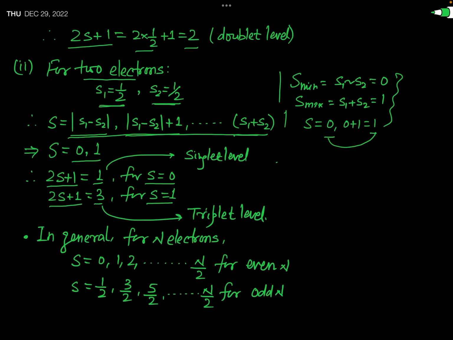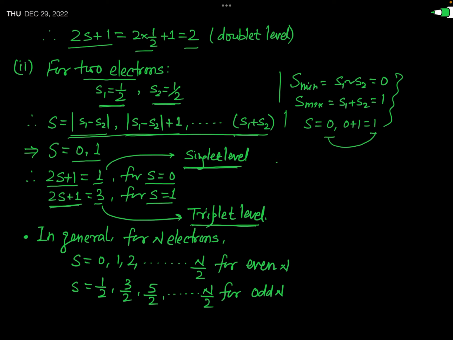When 2S plus 1 is equal to 1, this is called a singlet level. And if the multiplicity is 3, this is called a triplet level. Singlet level means it will not be split, but triplet level means it will be split into 3 levels.